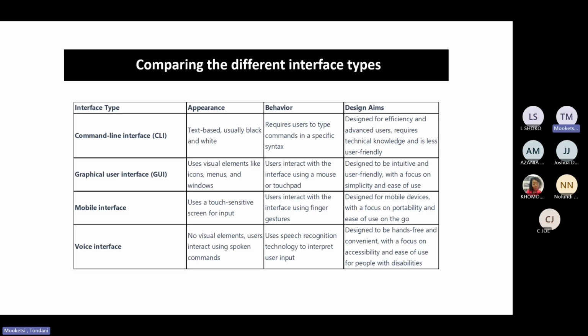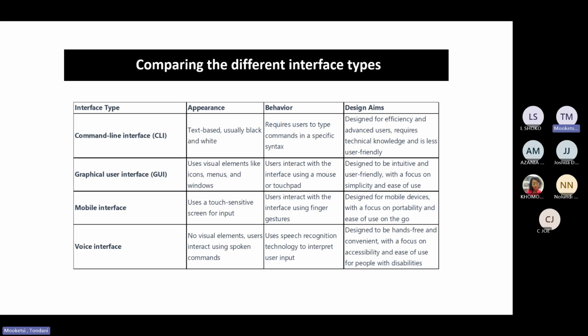So this is why you can find that young children can do stuff on the smartphone because of the graphical user interface. They can just look at the icon or the picture and know that if I click here, then this is what it does.